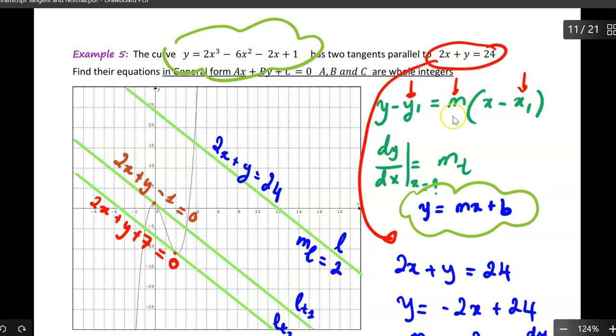But besides having the slope, I need another point. If the point is not given to us, then there must be a clue somewhere in this question providing me with either the slope or the point in order to work with. So if you are given another line, then you can manipulate that equation to figure out the slope.